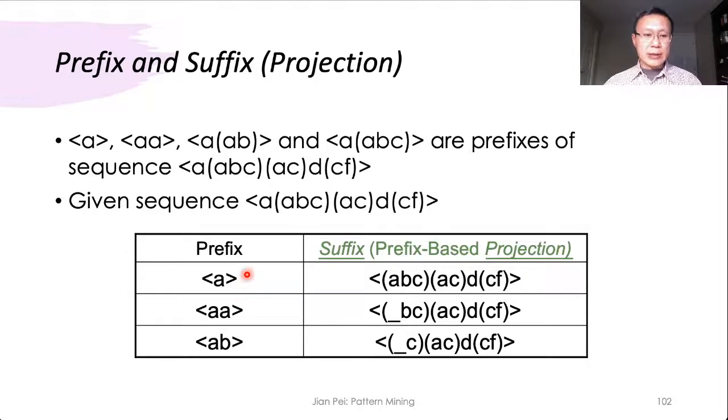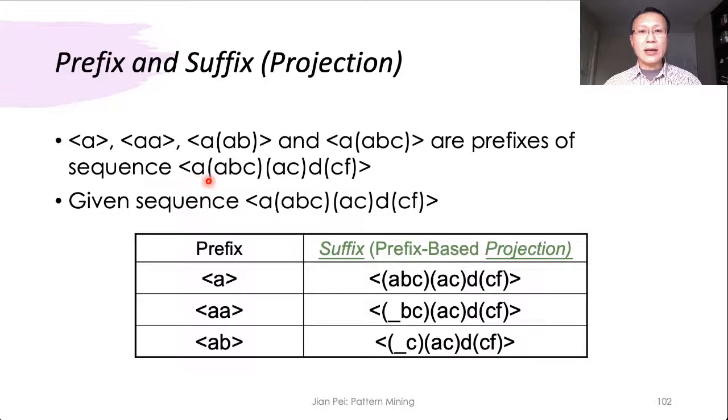To tackle the bottlenecks, one idea is that we can use the prefix to produce sequential patterns. Given a sequence like <a(abc)(ac)d(cf)>, a is a prefix because we started from this a. aa is also a prefix.